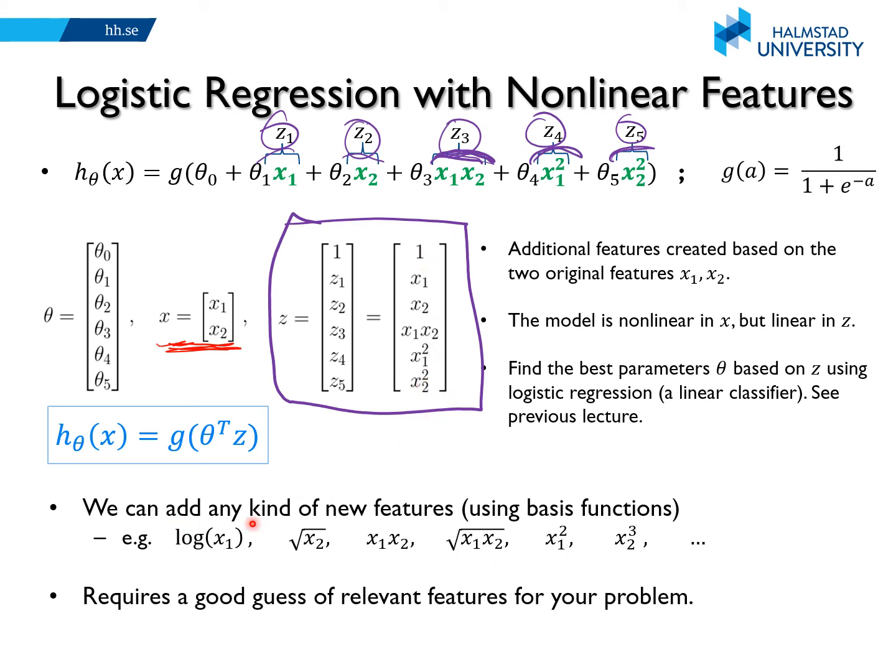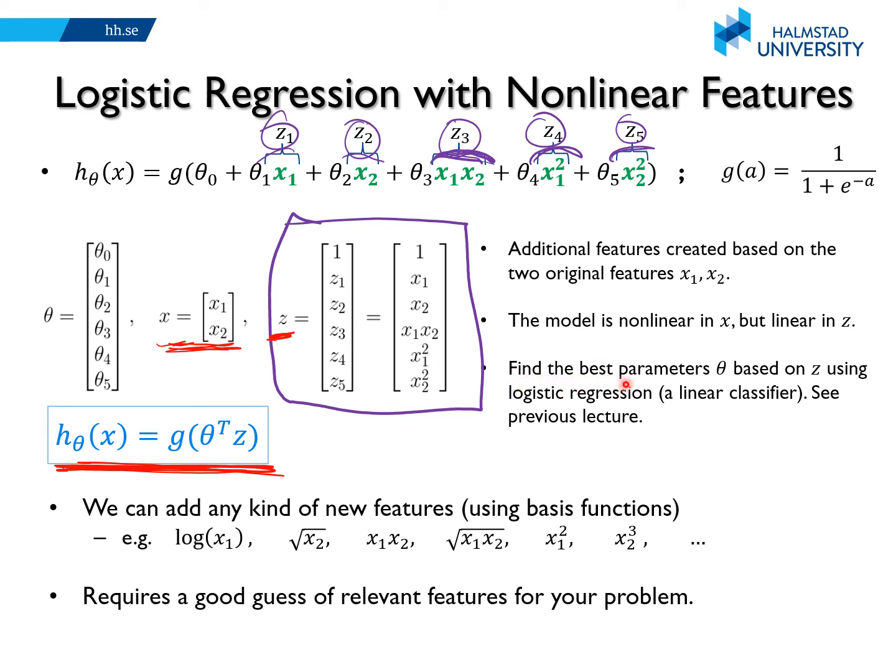And you can actually add any kind of features, based on the two original features that we have. Now our new hypothesis function is defined as g of theta transpose z, and z is a feature vector which is higher dimensional than the original x. Based on this new data, we can train a linear model, a logistic regression, as we saw in the previous video.